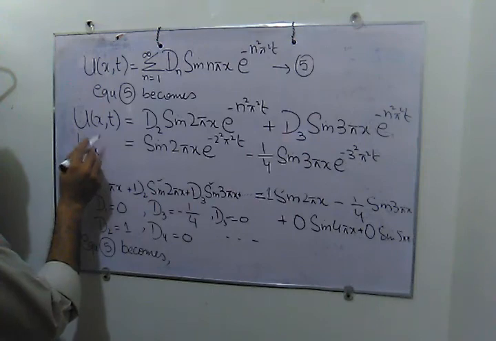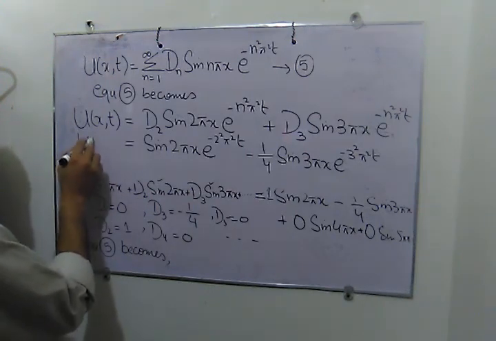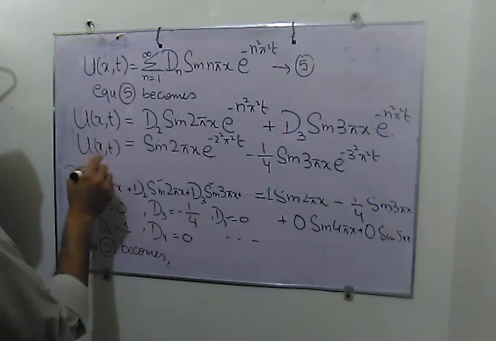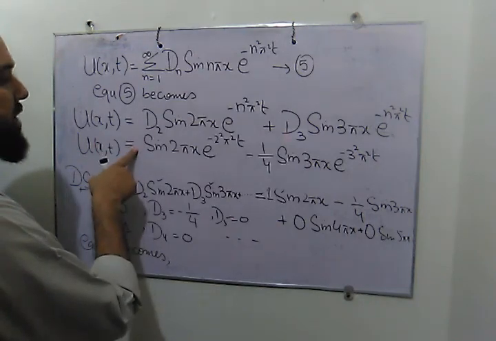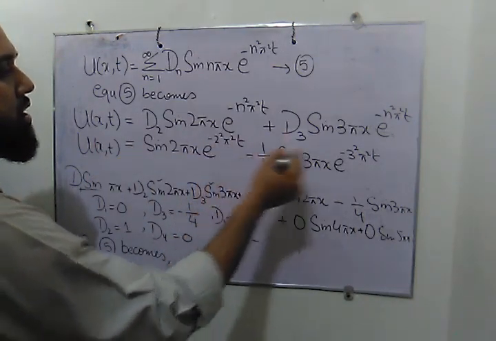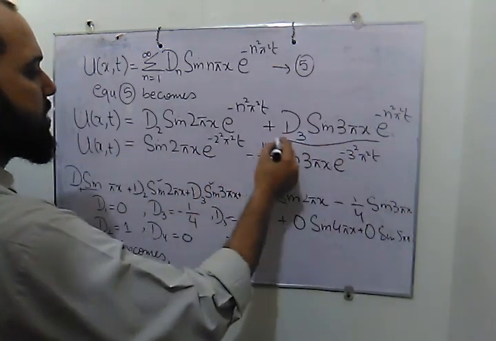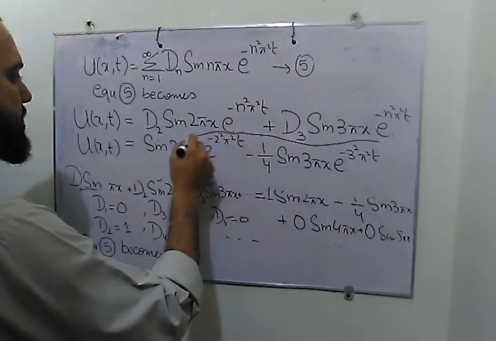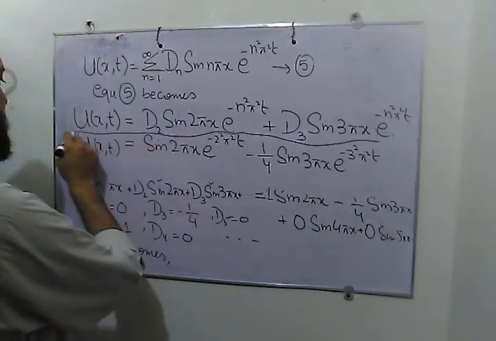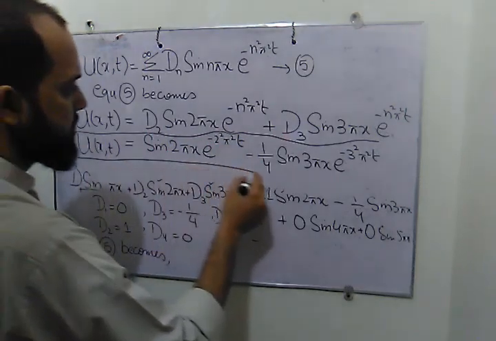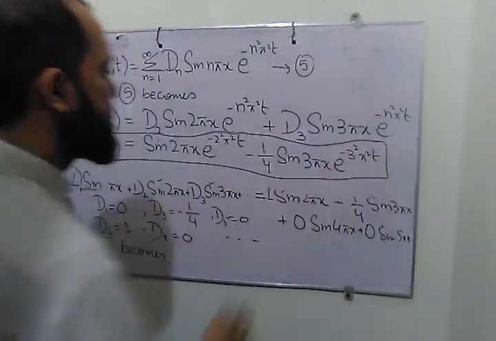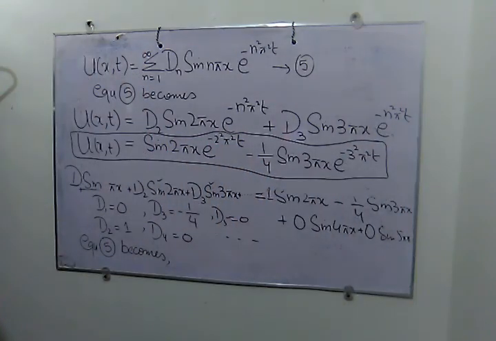This is the solution. This is the general solution, which now has the values of the coefficients d2 equal to 1 and d3 equal to minus 1 by 4. Therefore, we call it our particular solution. And this is now the end of the story.